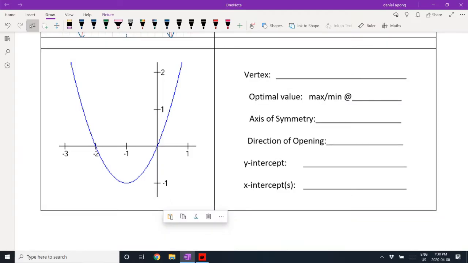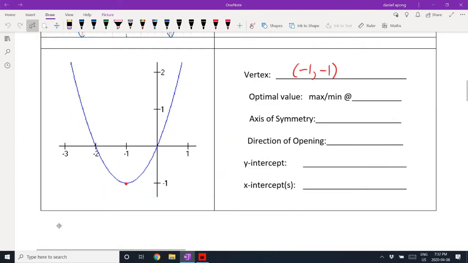Let's try another example. You can pause the video here to try this one on your own, and then resume the video to see if you answered everything correctly. Pause the video now. Let's find the vertex. The vertex is located at -1, -1, right over here. So let's write that down: -1, -1.